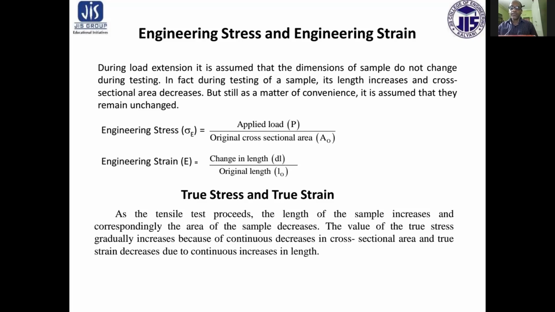By this method, the original cross-sectional area remains the same during loading up to breaking. So the engineering stress is termed sigma E, that is applied load by original cross-sectional area, and engineering strain E equals change in length by original length.